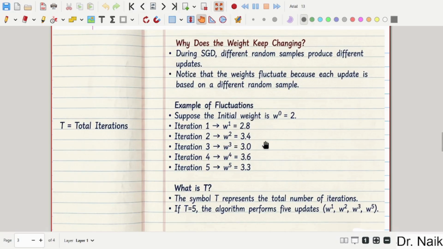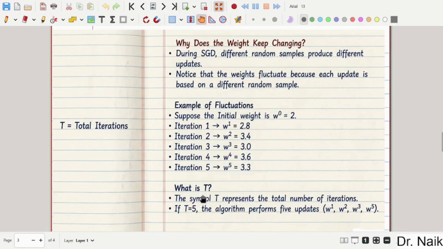For example, suppose the initial weight, that is W superscript 0, is 2, and after iteration 1 the weight becomes 2.28. After iteration 2 the weight becomes 3.4. After iteration 3 the weight updates to 3.0. After iteration 4 the weight updates to 3.6, and after iteration 5 the weight updates to 3.3.